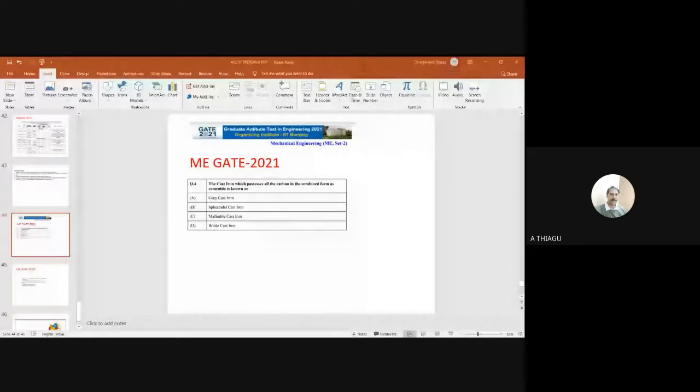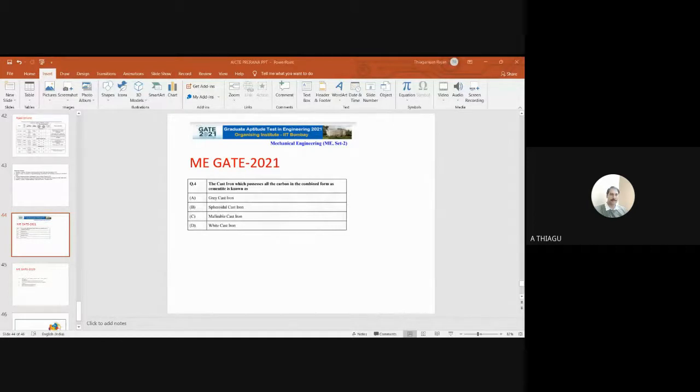C is not correct. Any answer? Any answer from the student side?